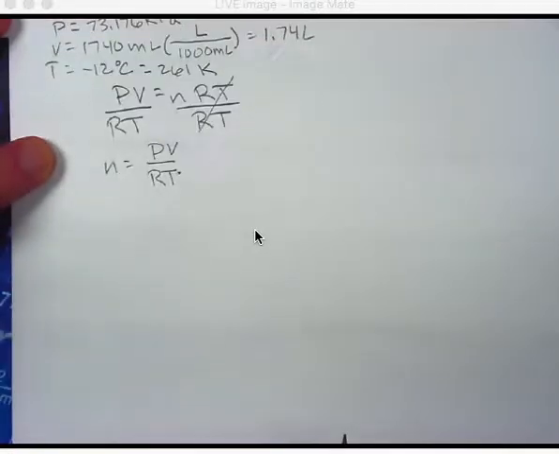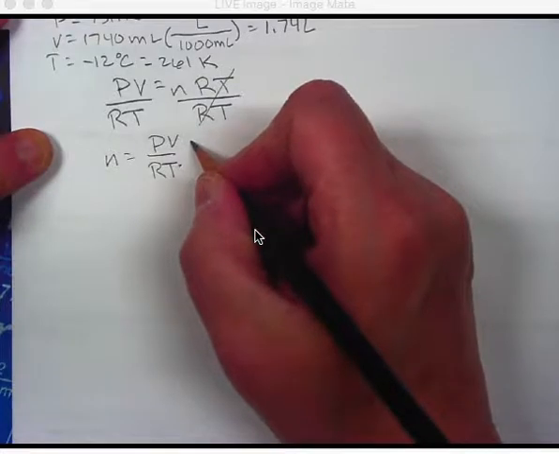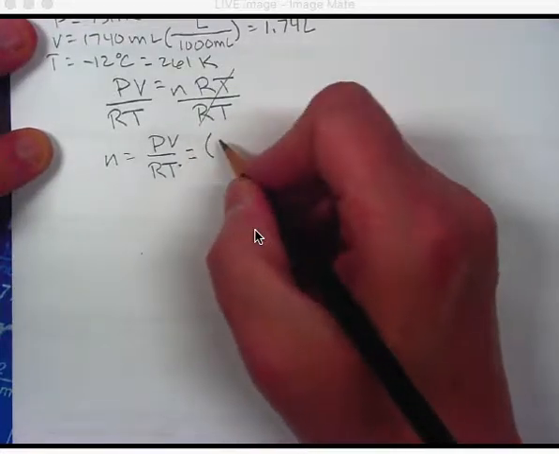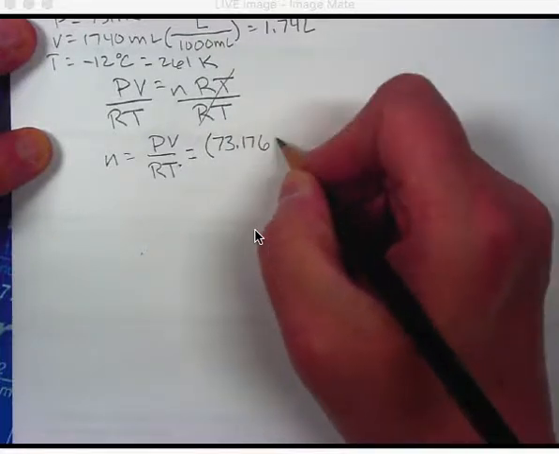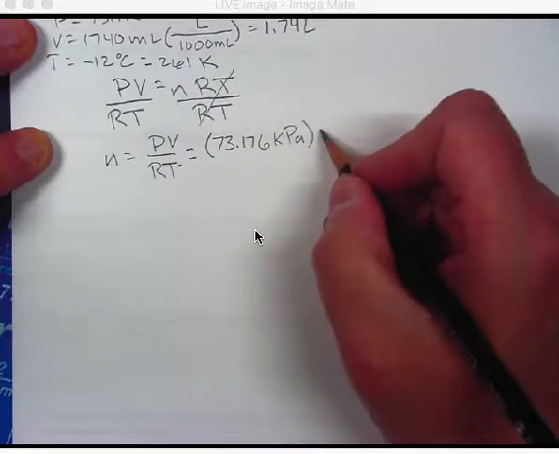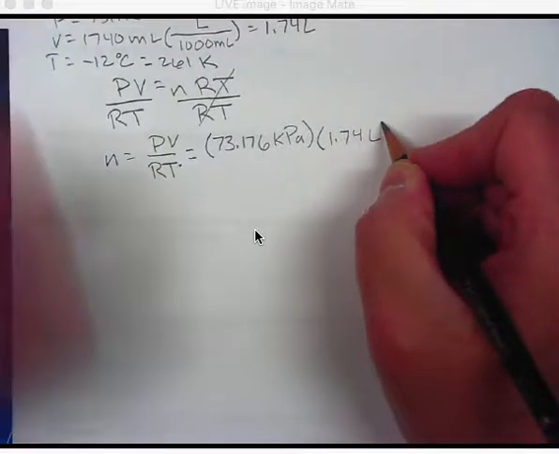Move this up a little bit now. Pressure is 73.176 kilopascals. My volume, 1.74 liters.